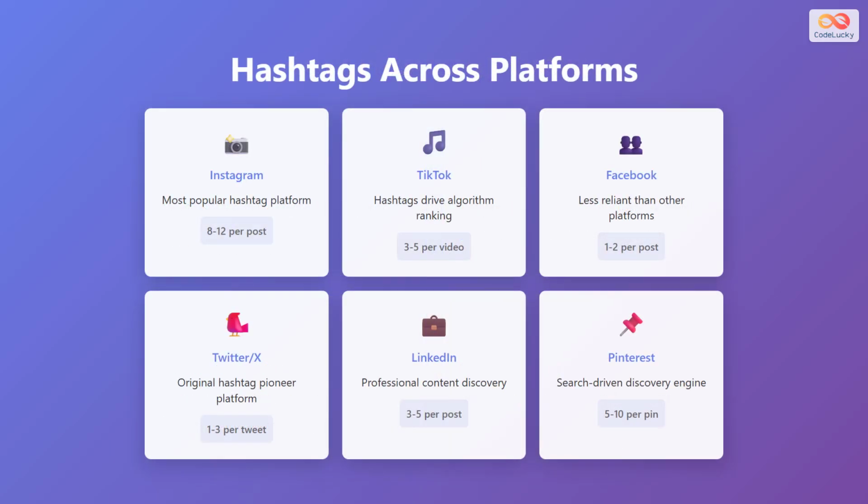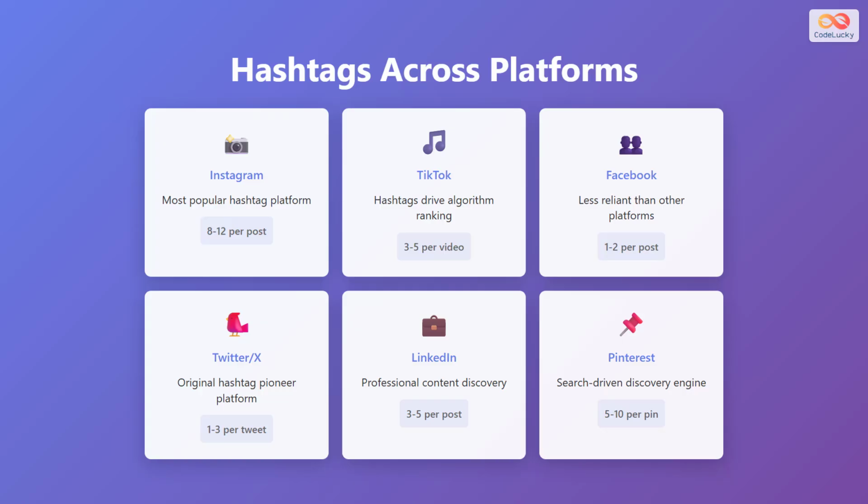Different platforms use hashtags differently. Instagram is the most popular hashtag platform, where posts typically include 8 to 12 hashtags. TikTok uses hashtags to drive the algorithm ranking, with 3 to 5 hashtags per video being most effective. Facebook relies less on hashtags compared to other platforms, usually 1 to 2 per post.